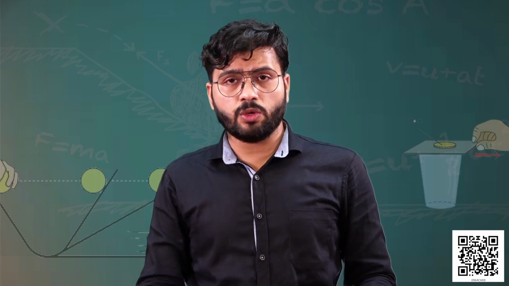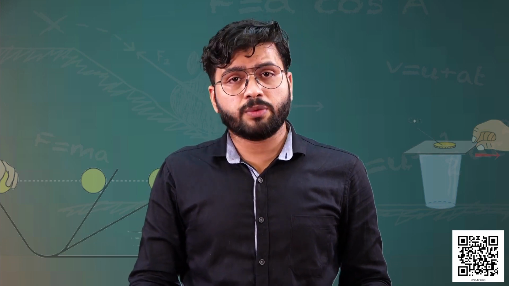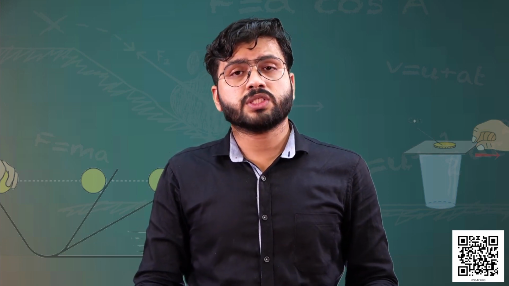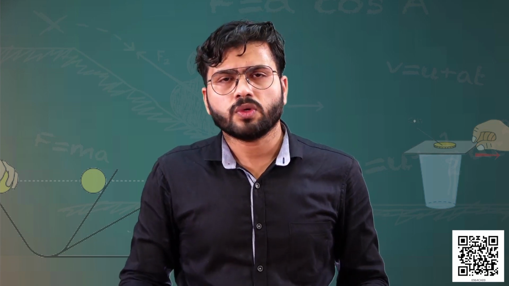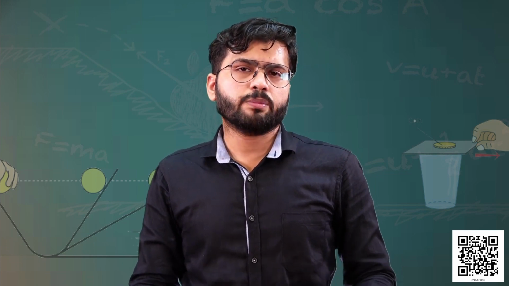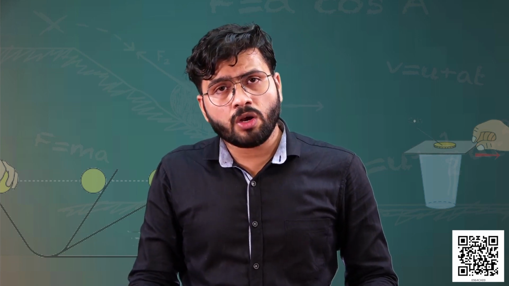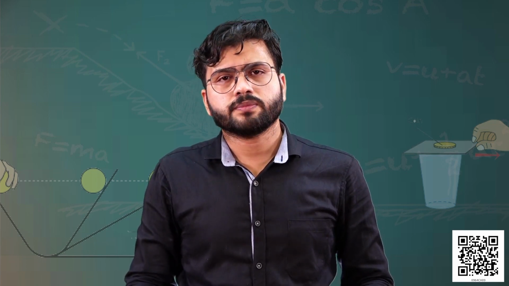If you compare the velocity of the shuttle and the velocity of the cricket ball, the velocity of the cricket ball is much greater than the shuttle. So what do we conclude here? We conclude that the impact will always depend upon the mass of the object as well as the velocity at which it is moving.